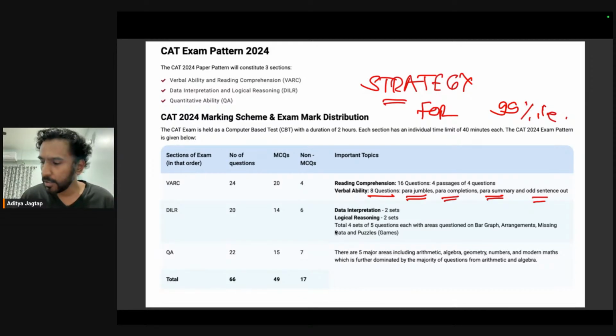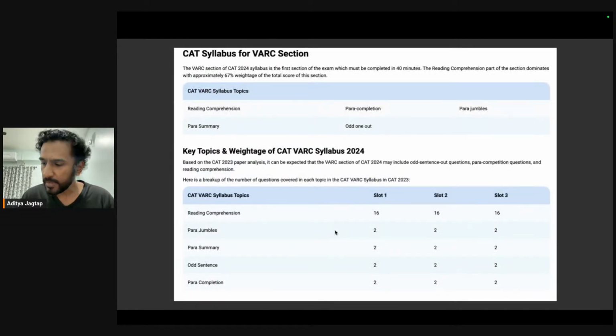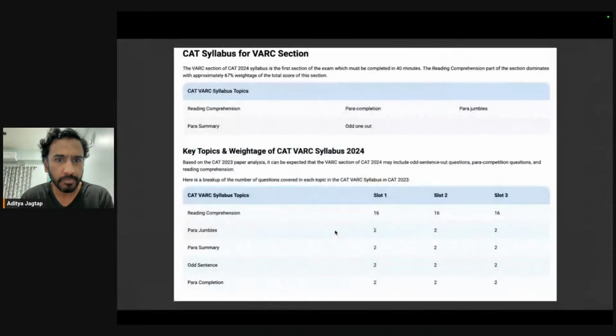To get back to this idea, we are being tested on whether we can comprehend multiple types of information. Let's see what exactly is expected in this comprehending process and how we can get better at it. Now these are different slots, and this is 2024. This analysis, by the way, you'll find on the Career Launcher website.